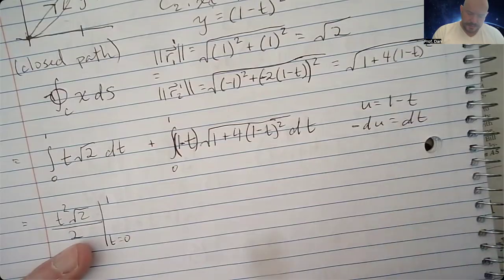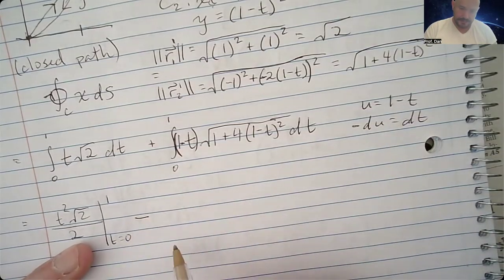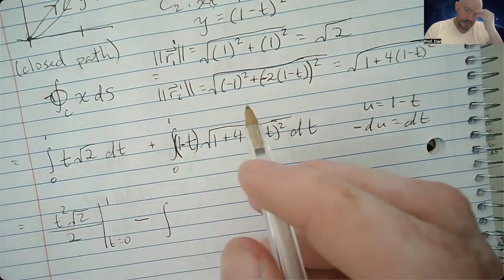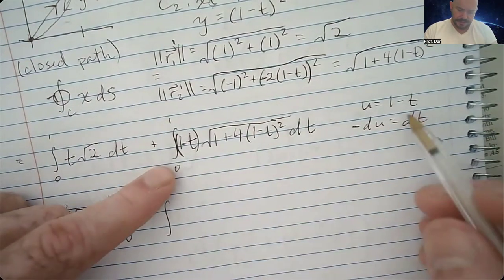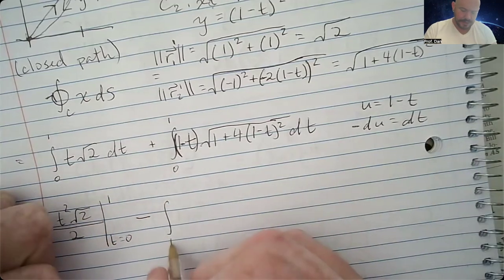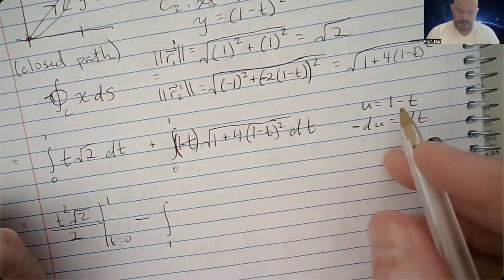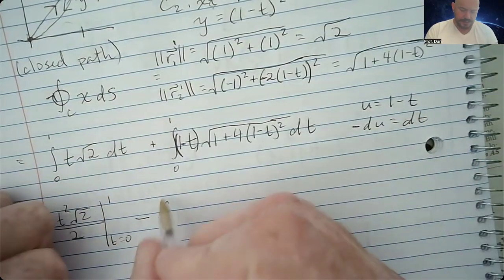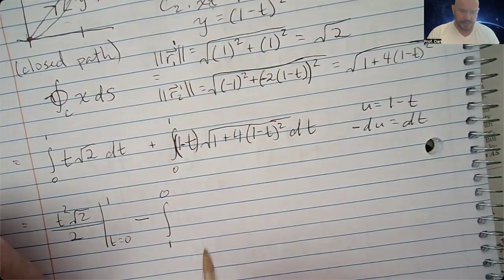Remember, you have to adjust your bounds when you do a u sub. If I plug 0 in for t, then I'll get u equals 1 minus 0, so this bound will be 1. If I plug in 1 for t, 1 minus 1, I get 0 for that bound.